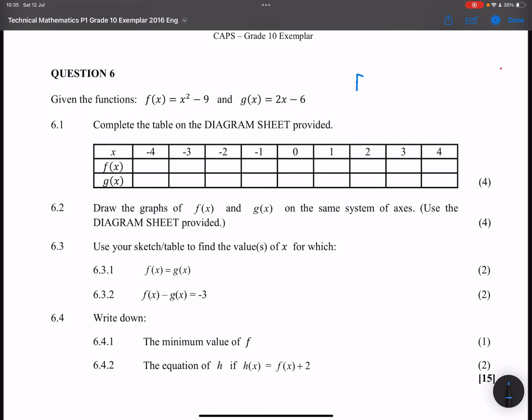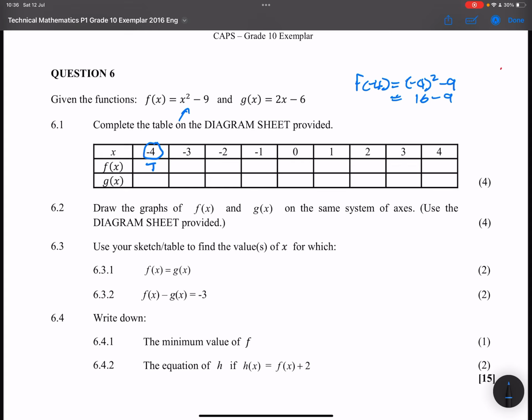Every single time you've got an x value, you're going to substitute it into the main equation. If x is negative 4, then we have negative 4 squared minus 9. So this will be 16 minus 9, which gives us 7.